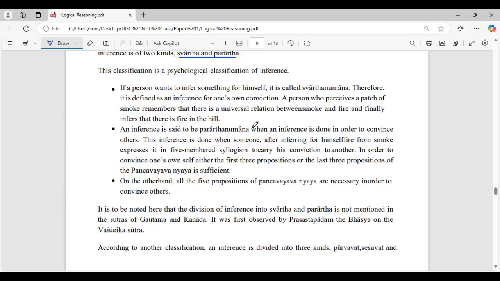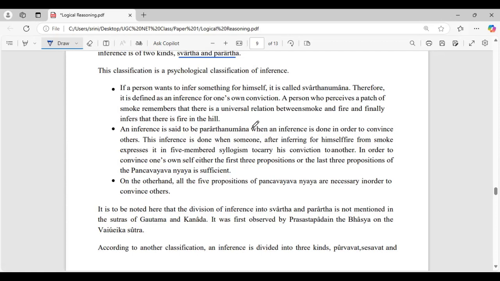So Svarthanumana is for our own knowledge. Pararthanumana is for another person; we have to convince others. When inference is done in order to convince others, that is Pararthanumana. This inference is done when someone, after inferring fire from smoke for himself, expresses it in a five-membered syllogism to carry his conviction to another.